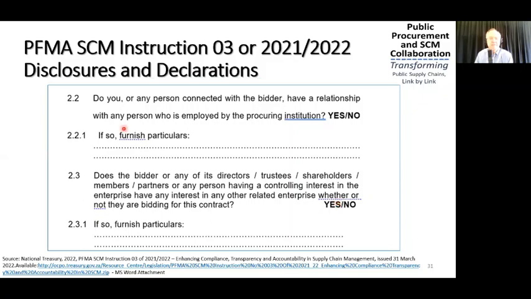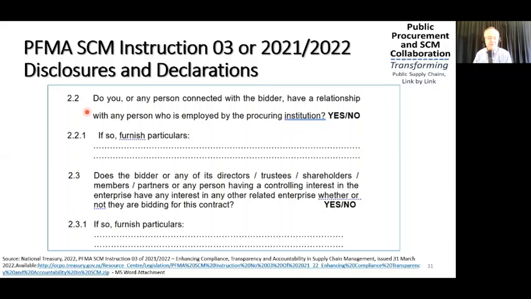2.2 brings back in again, but interesting differences here. Do you or any person connected with the bidder have a relationship with any person who is employed by the procuring institution? Yes or no? If so, furnish particulars. We didn't have this before.